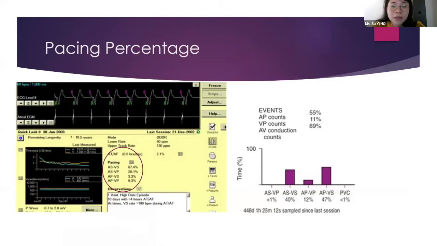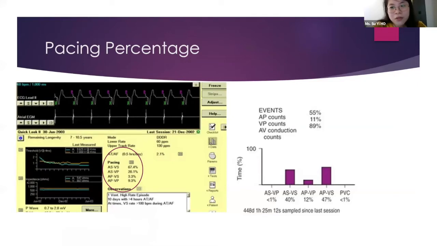Okay, the pacing percentage histogram will also give us a hint of the patient's implant indication. A high percentage of V-pacing shows us that my patient might have complete heart block, whereas a high percentage of A-pacing could be an indication of a patient with sick sinus syndrome.